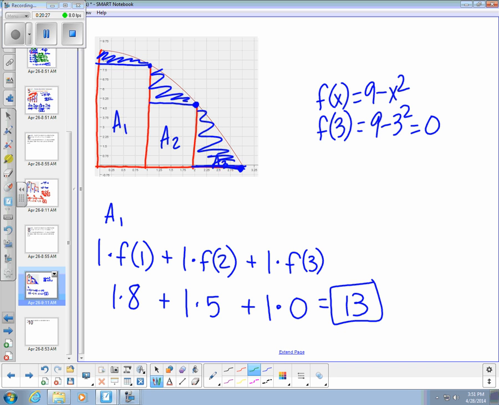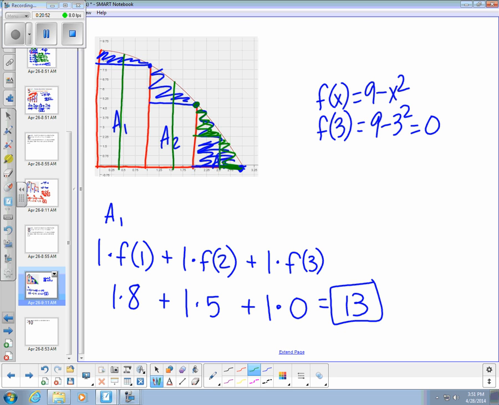So let's say that I wanted 6 partitions instead of 3. So I would have to split each one of these in half. And if I were still using right sums, I would still be missing this area, but now I'm only missing this much, so I'm adding this part that's in the blue back in. All of this would be added back in.